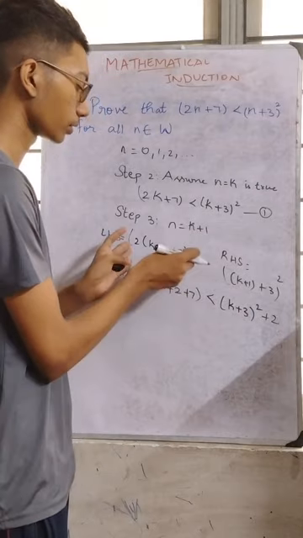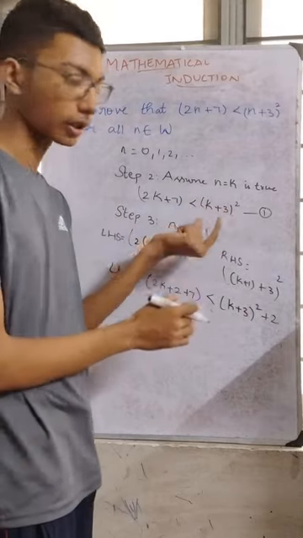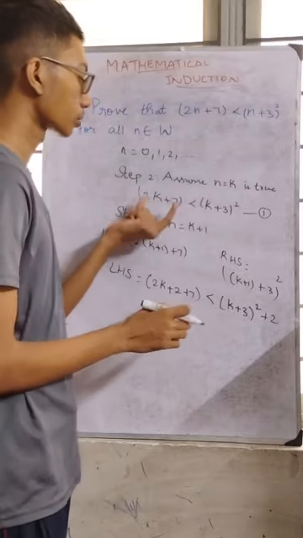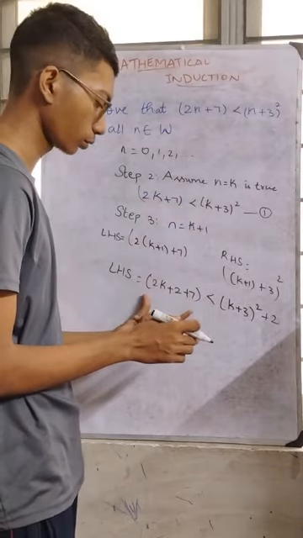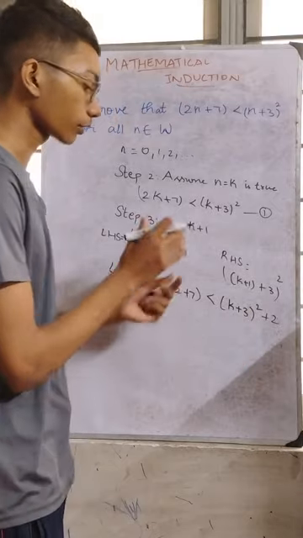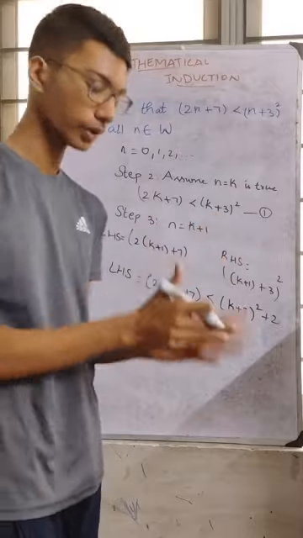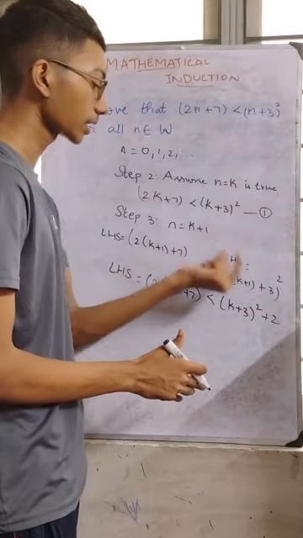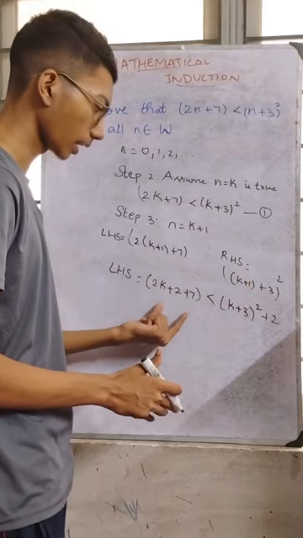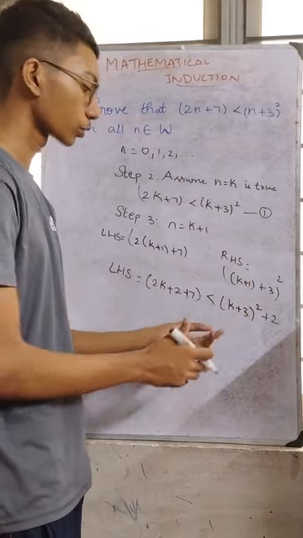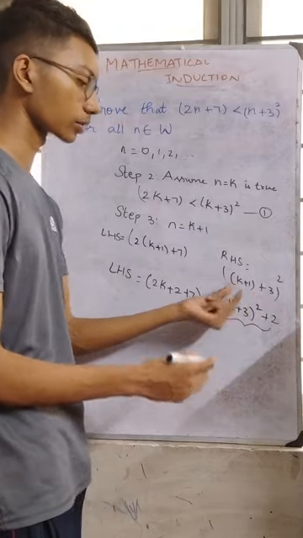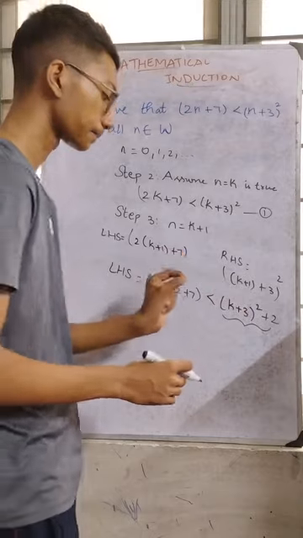We have 2k plus 7 plus 2 less than (k plus 3) the whole square plus 2. So we need to prove that (k plus 3) the whole square plus 2 is less than (k plus 1 plus 3) the whole square. Then the final proof will be over.